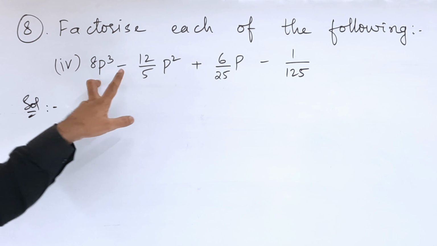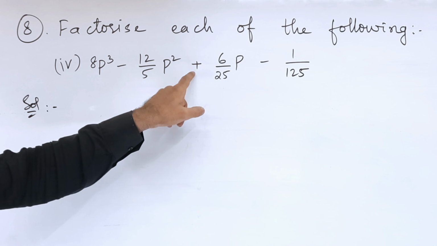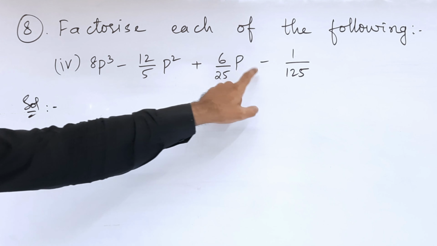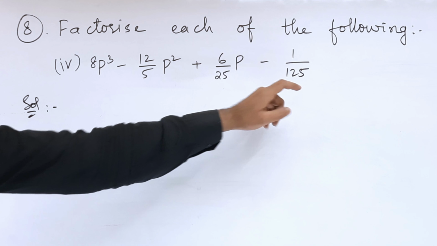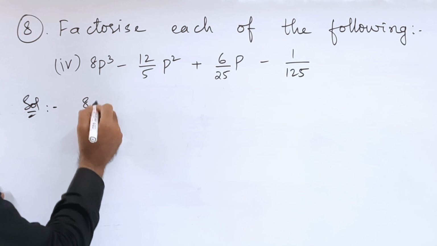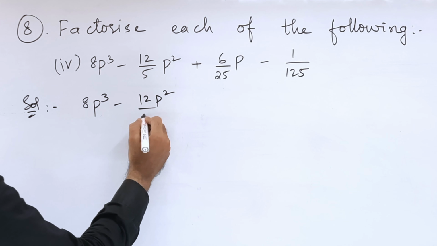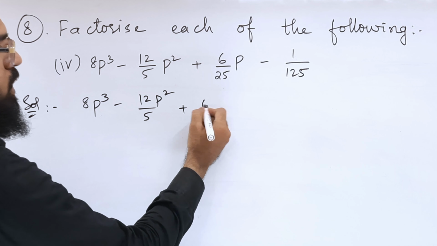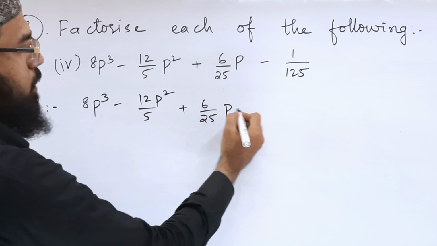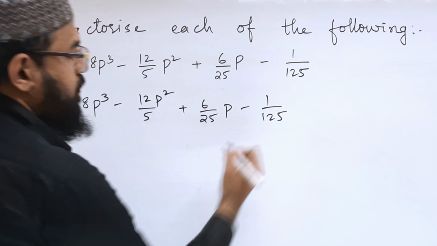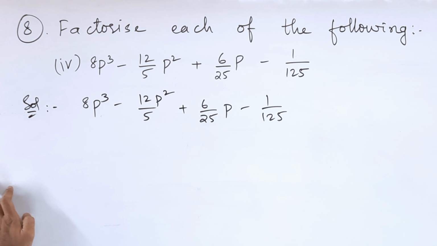Fourth bit, 8p cube minus 12 by 5p square plus 6 by 25p minus 1 by 125. So let us write that in the solution. 8p cube minus 12p square by 5 plus 6 by 25p minus 1 by 125. So we need to find out the cube.